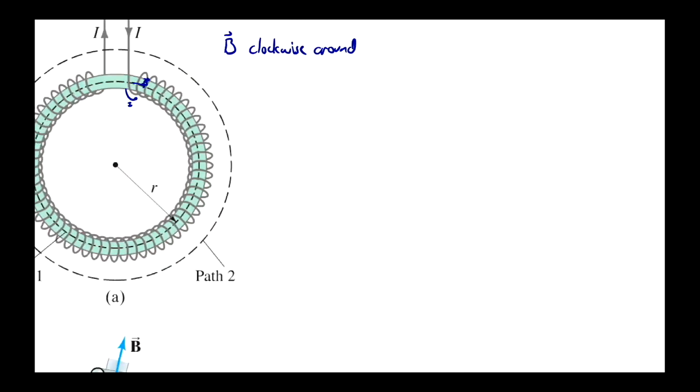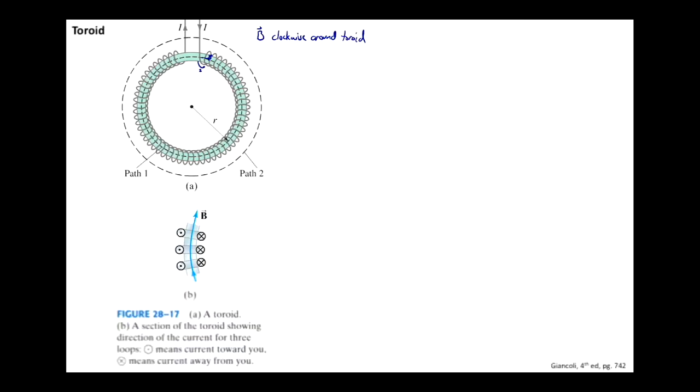around the toroid. Magnetic field is going clockwise around the toroid. So again, it's passing through the center of the solenoid, it's just now that that solenoid is wrapped in a circle.